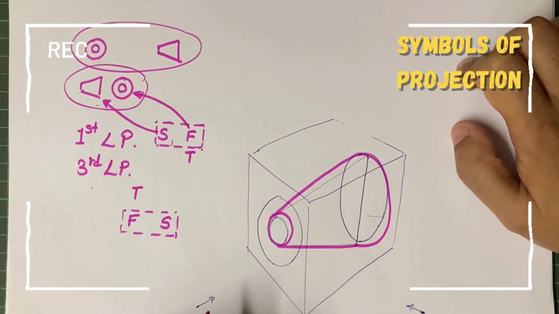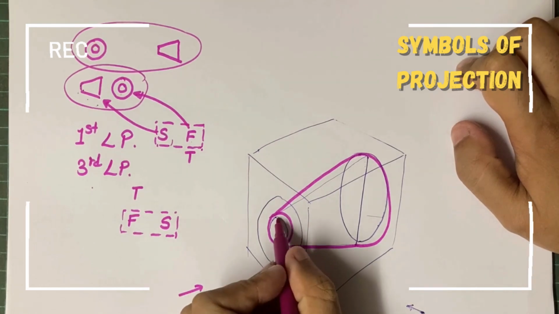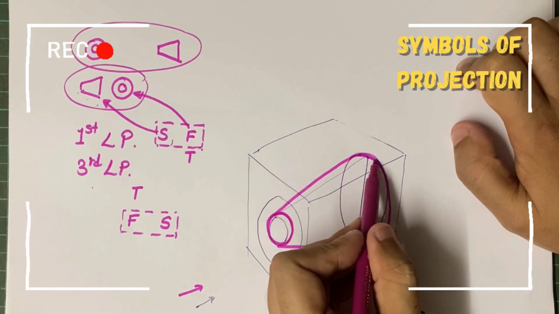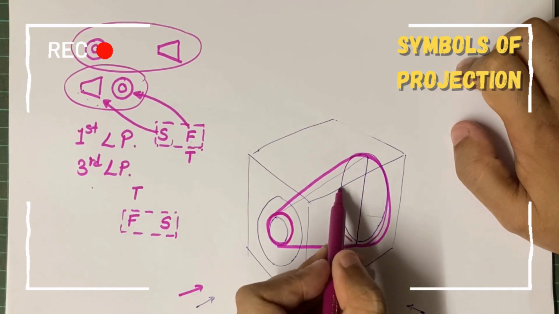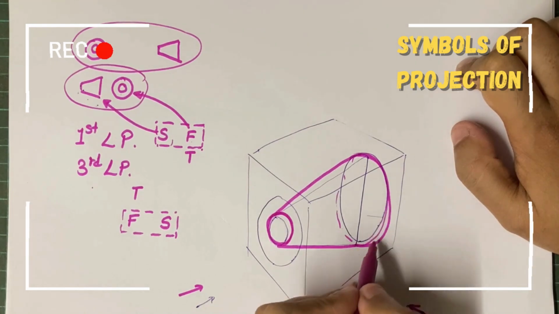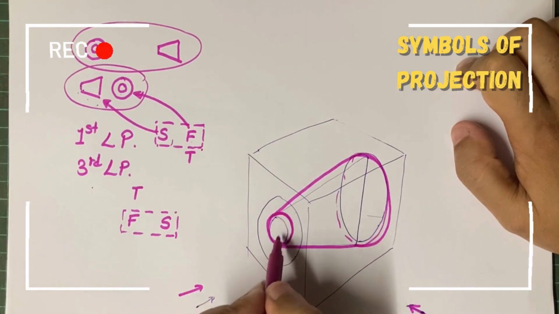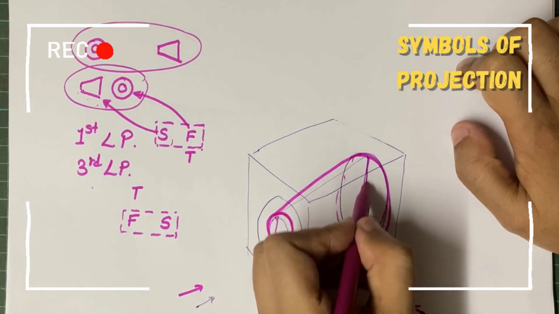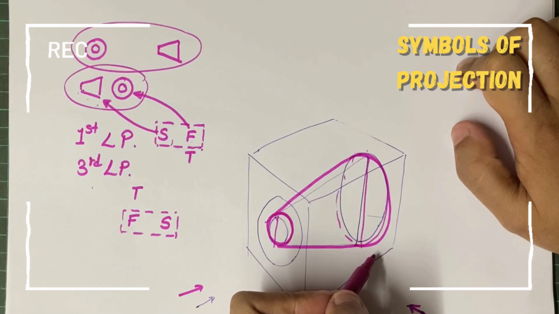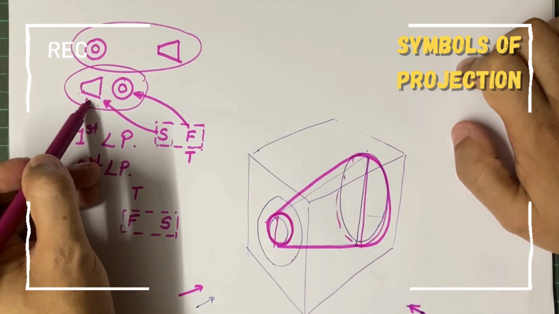In this, what happens is that when I look from here, I see the smaller circle, obviously, but I also see the larger circle at the back. While when I see from the side view, I only see this. So these curves then obviously become just simple straight lines. Those two also remain as straight lines and you end up seeing the trapezium.